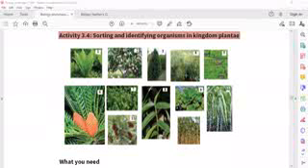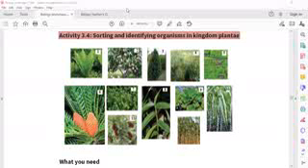I agree with Oscar, who has just told us that number 1 is a pteridophyte. Do we agree with him? Yes. You're right. And can we identify number 1? The name for number 1.